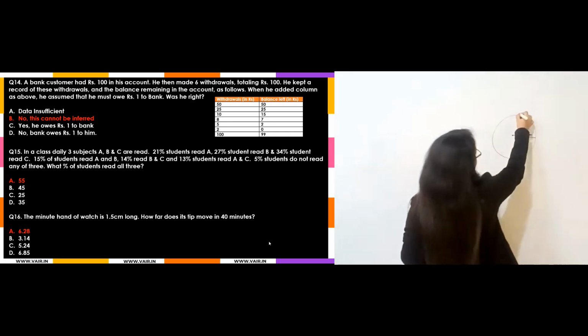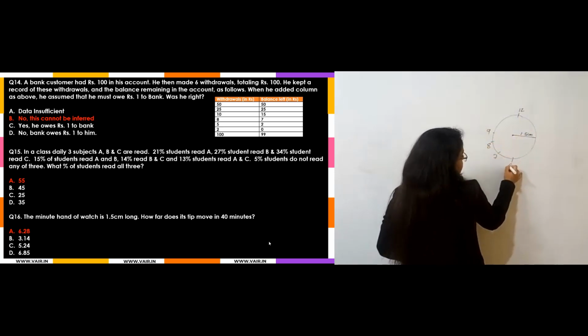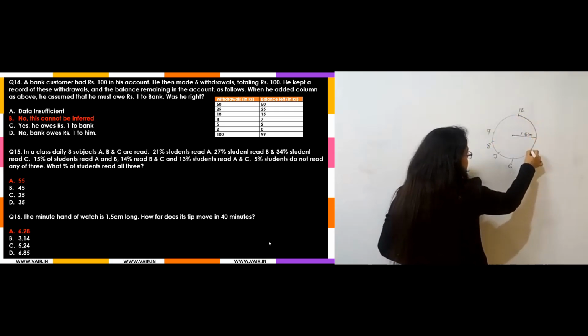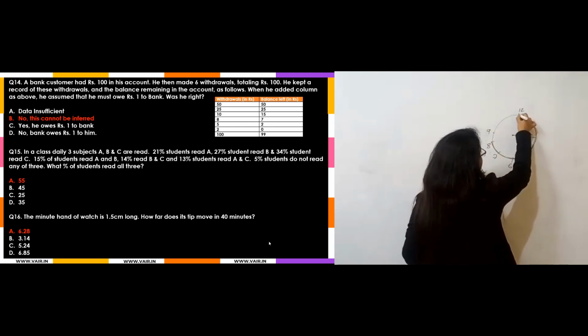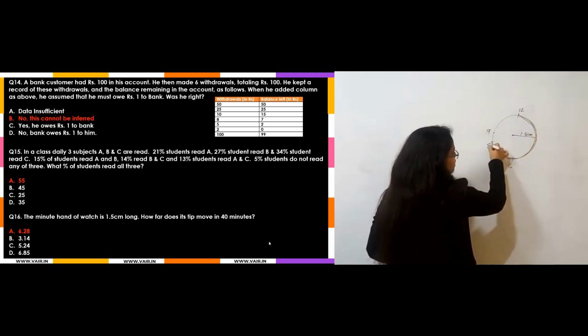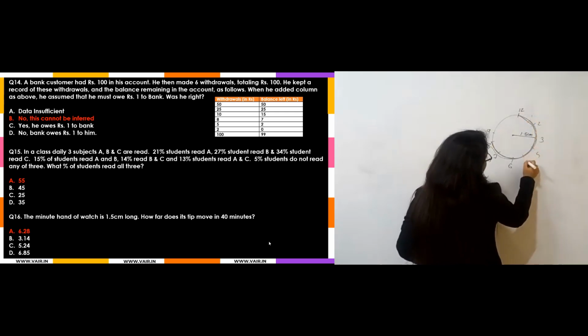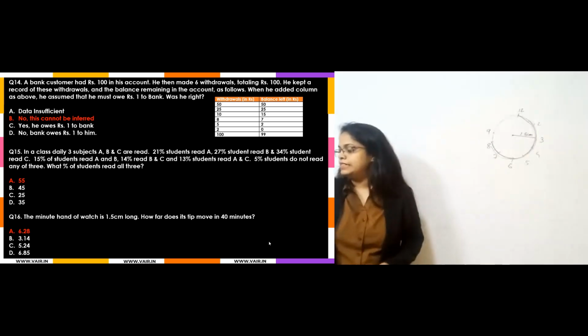40 minutes means what? From 12 to 8. The whole distance from this to this has to be covered by this minute hand. This is your 3, 1, 2, 4, 5. So first of all, up to 8 o'clock, what will be the distance covered?